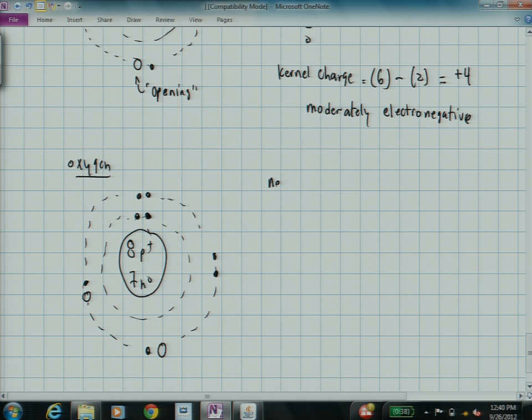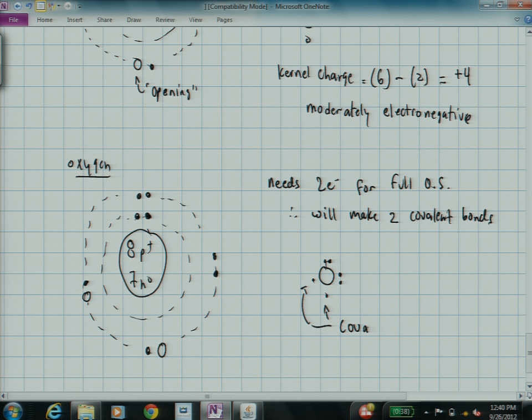Cool. So you could write the structure of oxygen like this. Okay. And covalent bonds go here. Here. And let me draw this carefully.